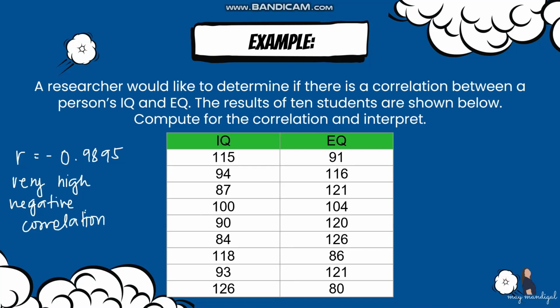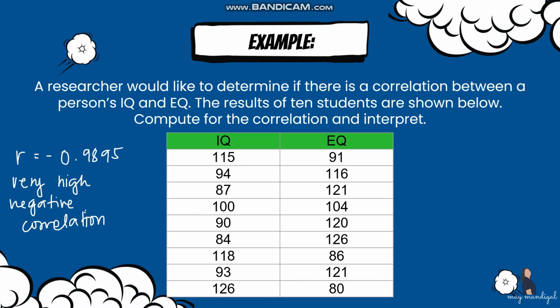So there is a correlation, a very high correlation between the IQ and EQ scores of persons. But it is a negative correlation. That means a high value in one variable associates with a lower value in the other variable.